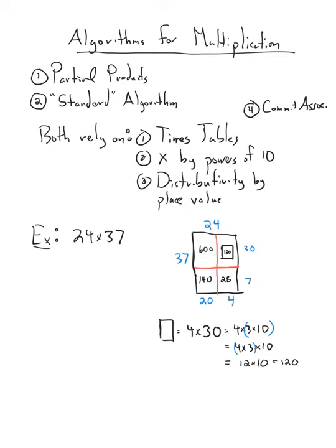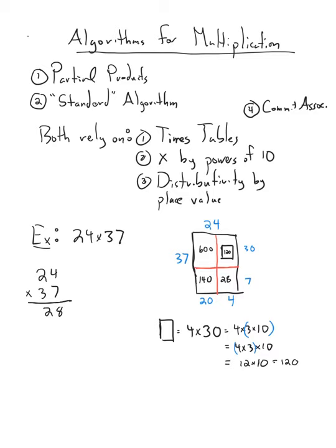So let's write this out using partial products. We're still going to write it out vertically like we usually do. So this is 24 times 37, and we're just going to do a piece at a time. So 4 times 7 is 28.